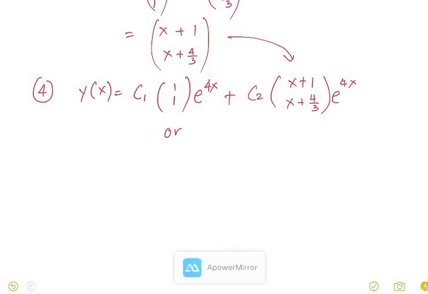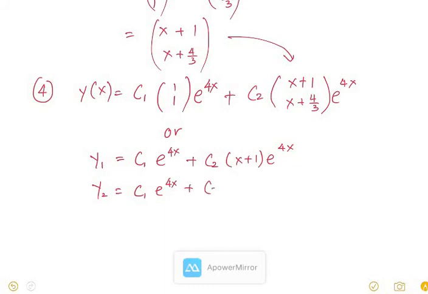I can also write in the form of y1 equal to C1 exponent 4x plus C2 (x plus 1) exponent 4x, and y2 equal to C1 exponent 4x plus C2 (x plus 4 over 3) exponent 4x.